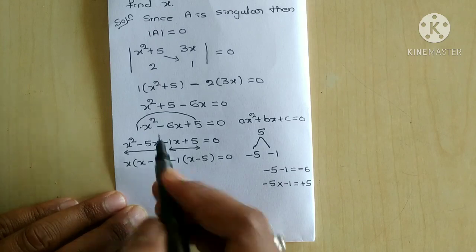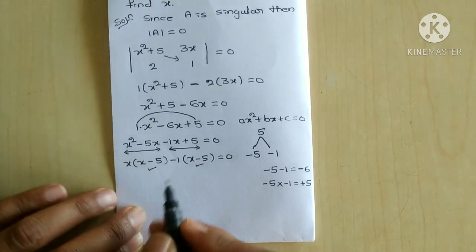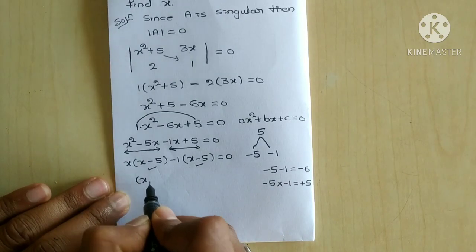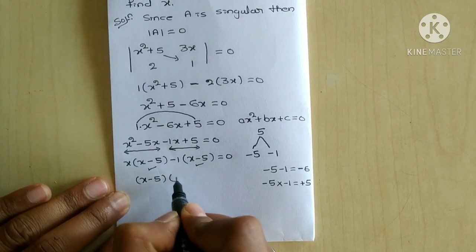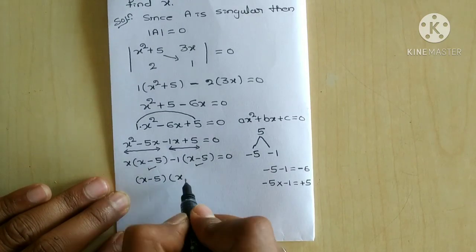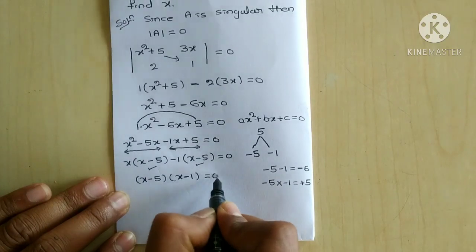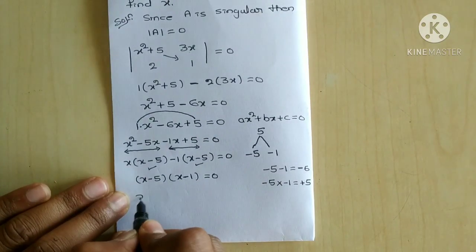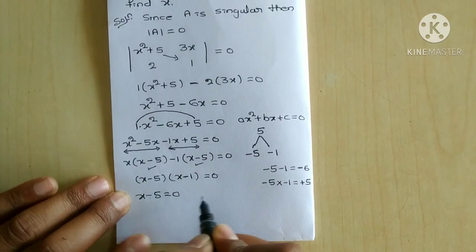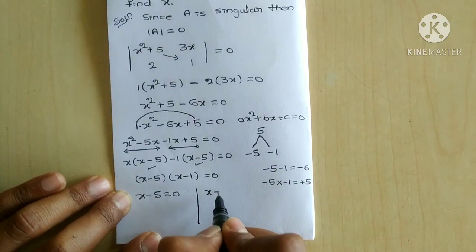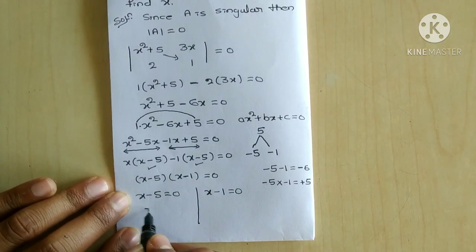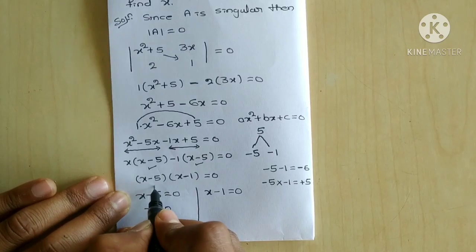In between these two, which term is common? x minus 5 is common. So if I take x minus 5 outside, the remaining value is x minus 1 equals to 0. Therefore x minus 5 equals to 0, or x minus 1 is equal to 0. Therefore x is equal to 0, shift.